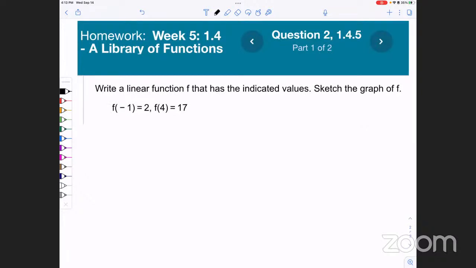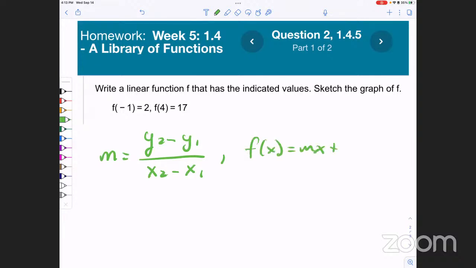So we're asked to write a linear function. So we're going to use a slope formula, y2 minus y1 over x2 minus x1. This is our slope. Also use mx plus b. So we're going to say y equals mx plus b. Okay.